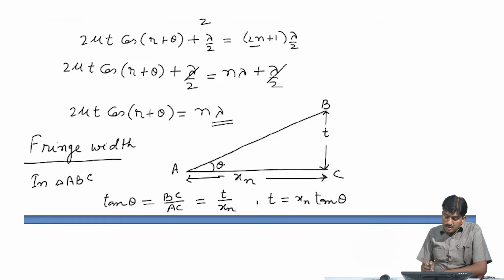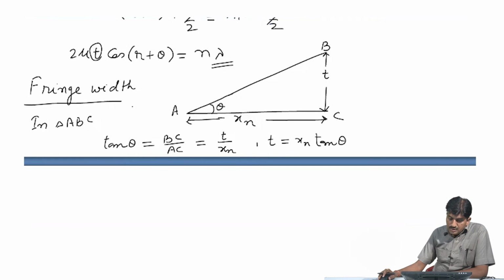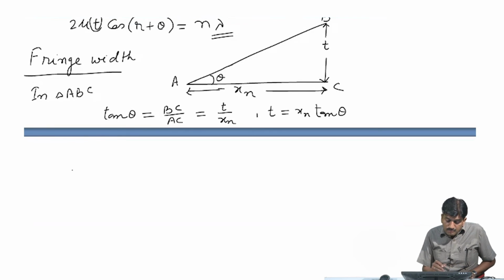And we can put the value of t in this equation. Suppose we take the case of minimum intensity, that is 2 mu t cos(r plus theta) equal to n lambda.